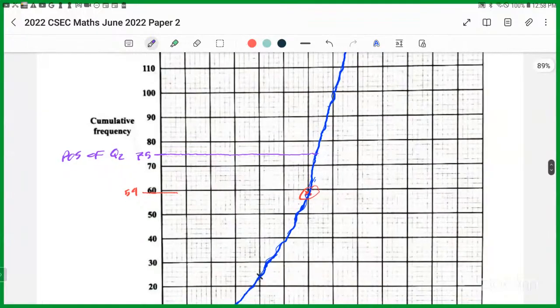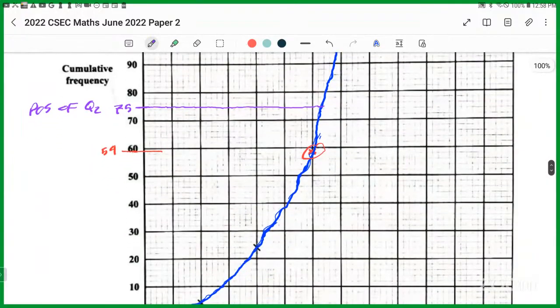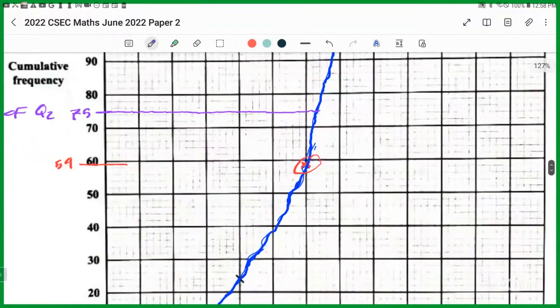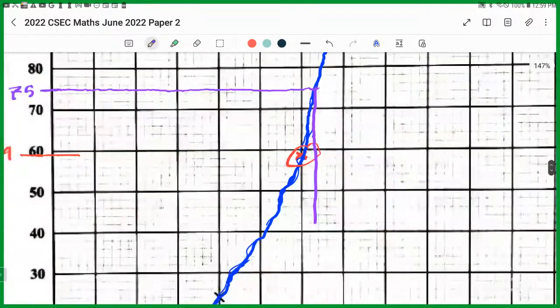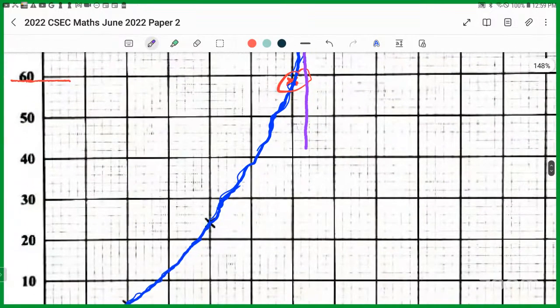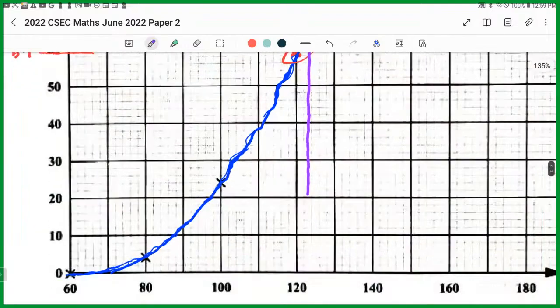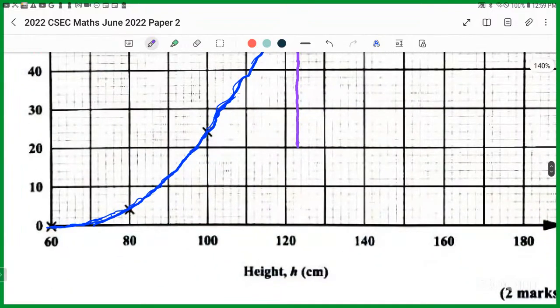So to get it now, you come across on the graph and then you read it down here. Looks like it is right in between here. Let's read it down all the way down to there.